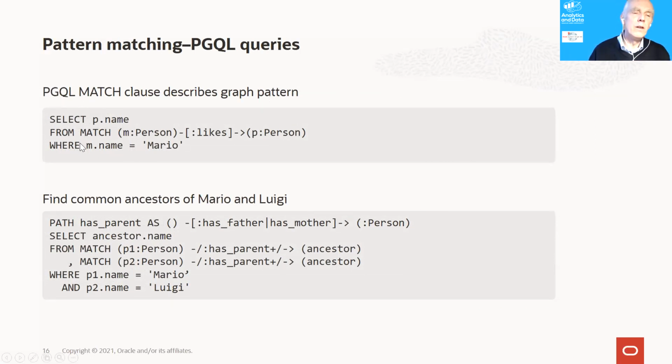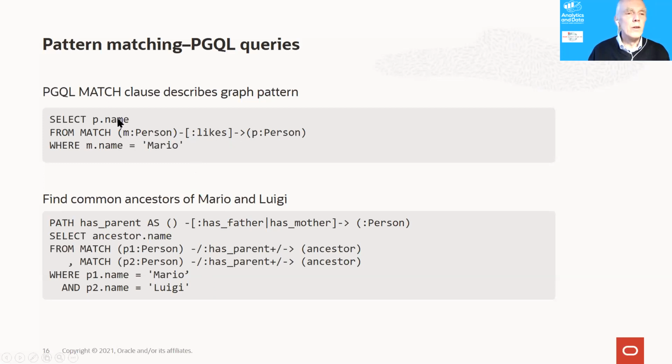And as you can already see, the Property Graph Query Language is pretty similar to SQL, except it has a match clause that allows you to specify the pattern you're looking for. And anything referring to the vertex is in parentheses. Anything referring to the edge is either in square brackets, or there are also variants of that.